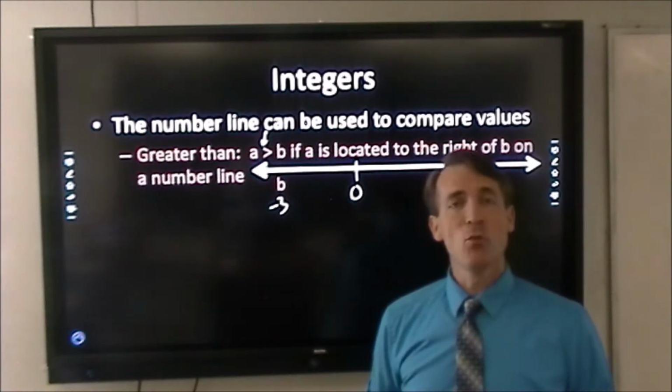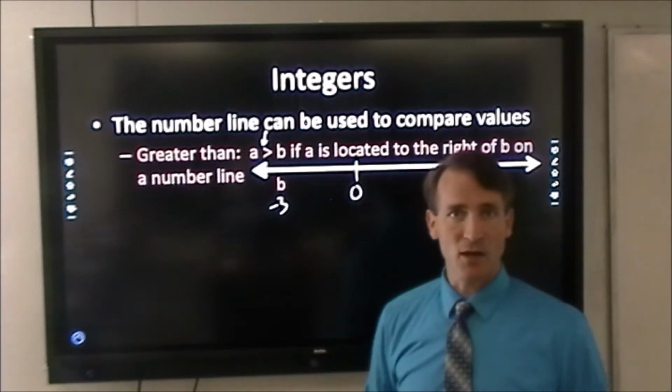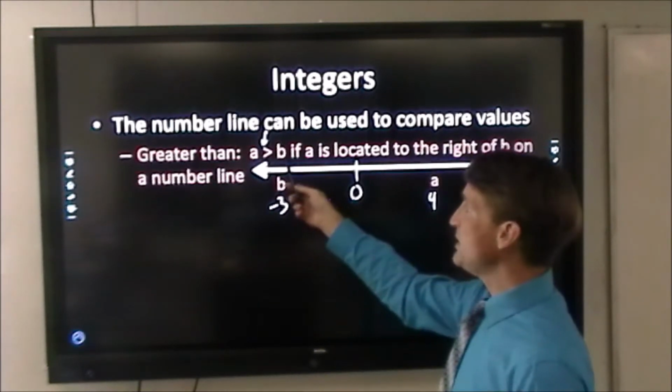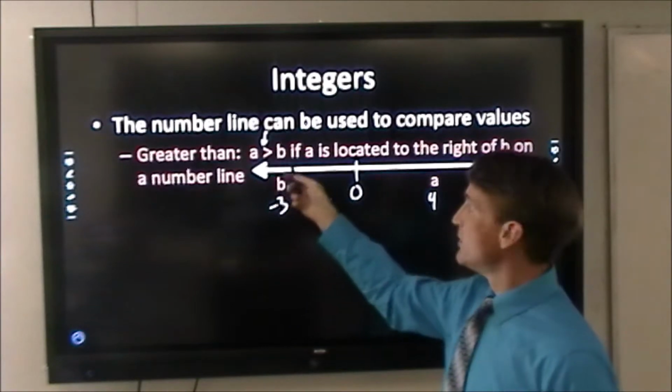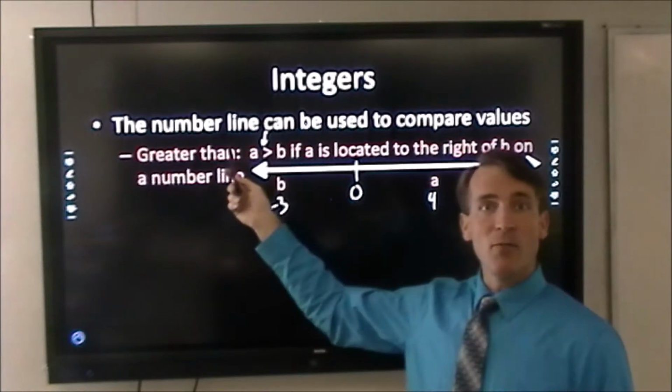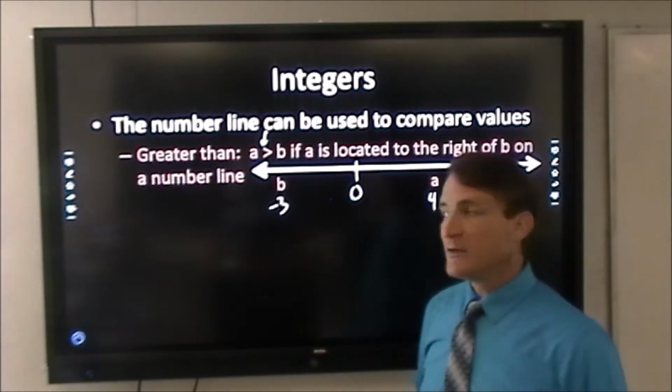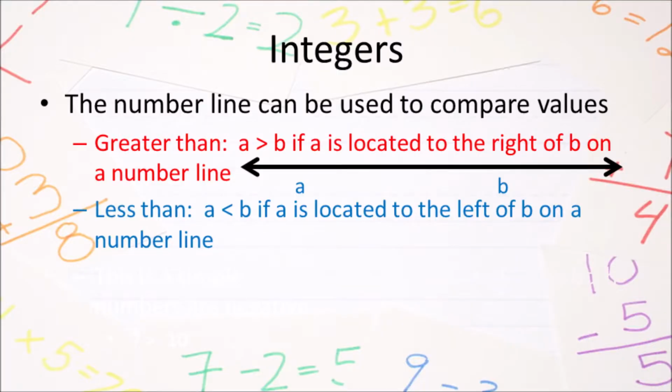Now, we could have one value being less than another. In this particular case, B is less than A, if we go the other way around. However, we normally write it in a different form. Here I have A is less than B. B is the greater value.